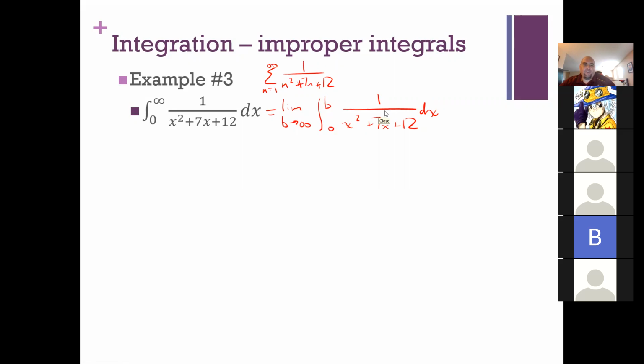Yeah, so Layla and Tony are both using the magical word there, compare. So yeah, I can compare this. I know this thing right here is going to be less than or equal to this series. Am I okay to make that statement?